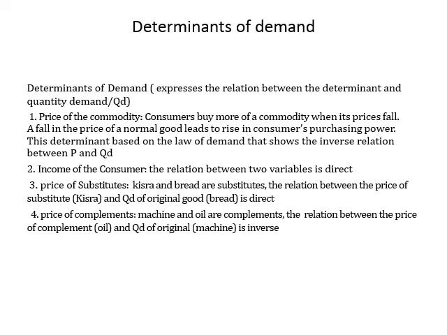Here we are talking about two variables. Please consider this fact. We talk about two variables, price and quantity demanded, and would like to discover the relation between price and quantity demanded.